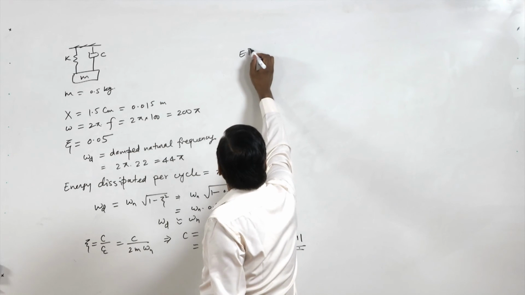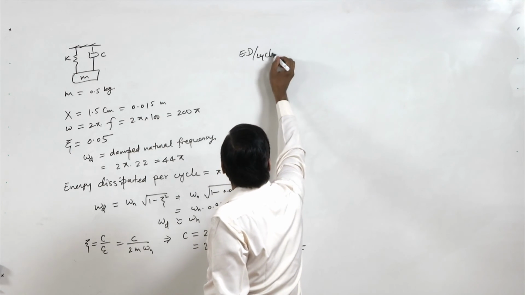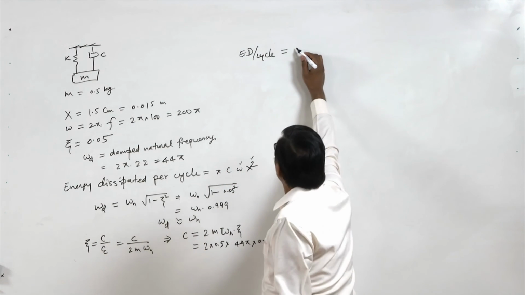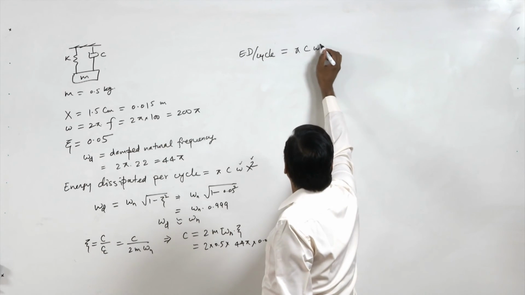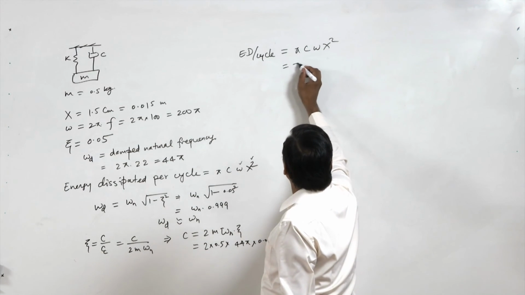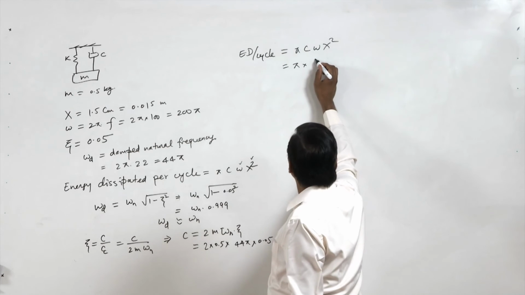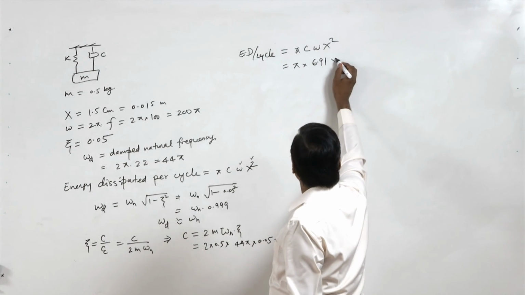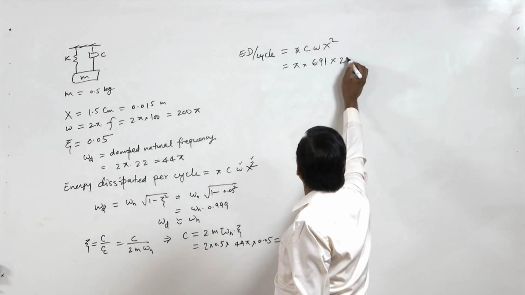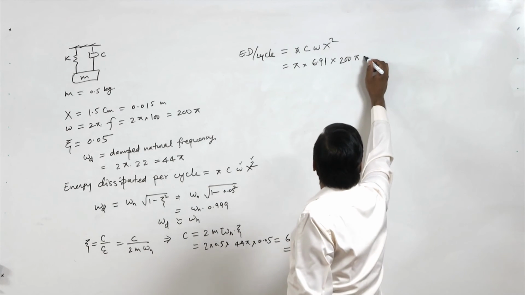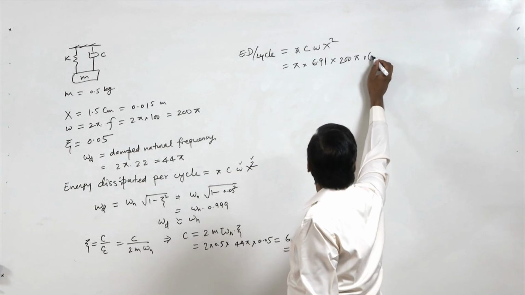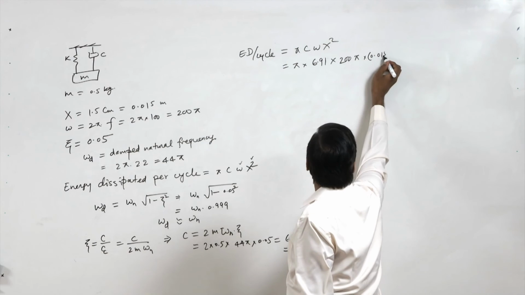So Ed per cycle equal to pi c omega x square. So equal to pi into c, that is 6.91, into omega, omega is 200 pi, into x square, x is 0.015 square.